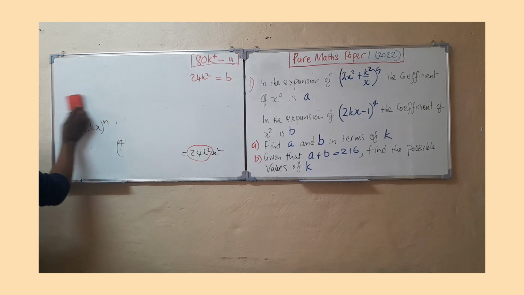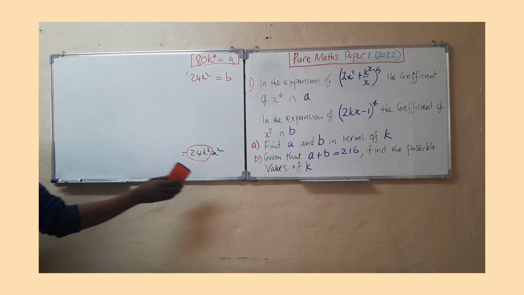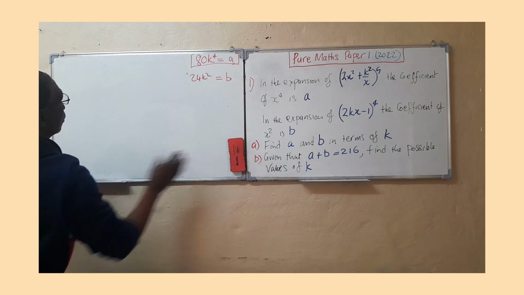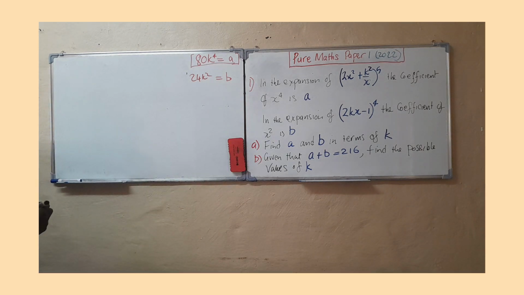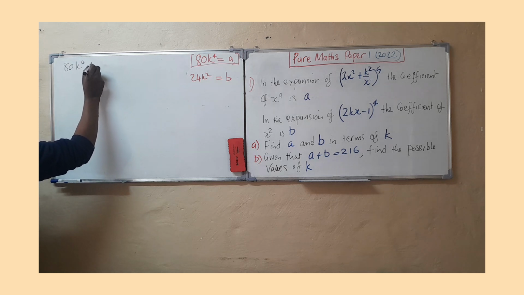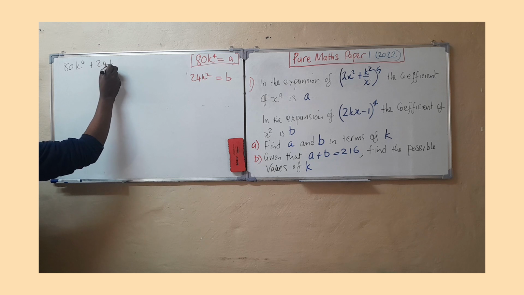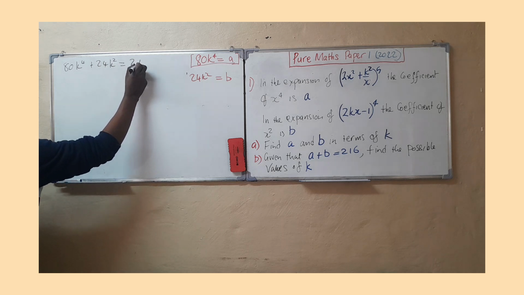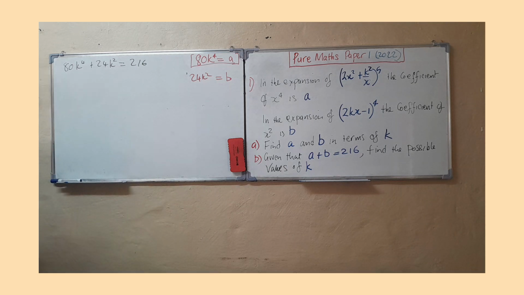Now let's put together this equation and see what we can arrive at. It should be a pretty simple and straightforward exercise. We are told a plus b is equal to 216. So 80k to the power 4 plus 24k squared is equal to 216. Let me see, does 8 go in there?